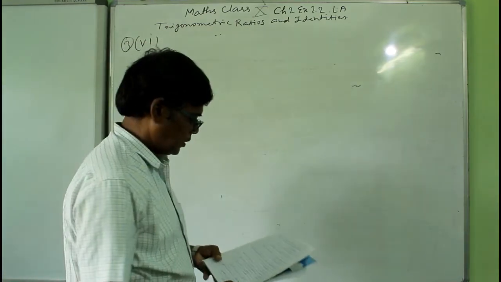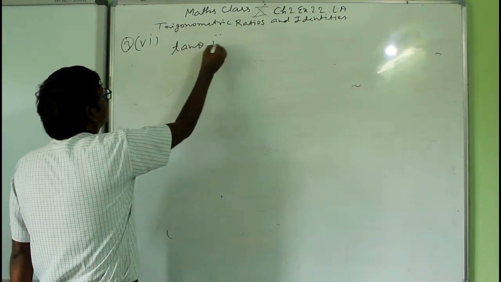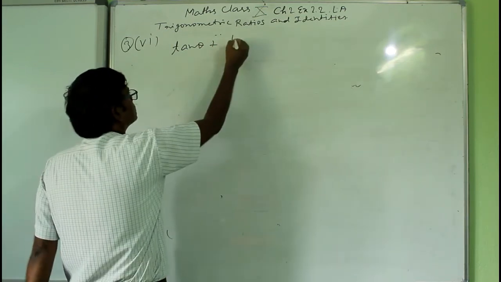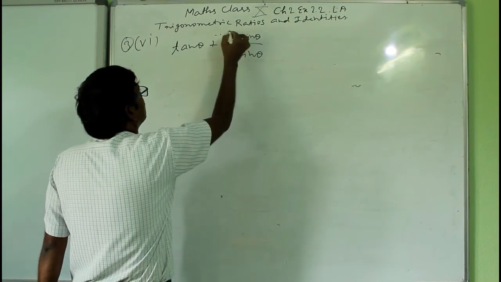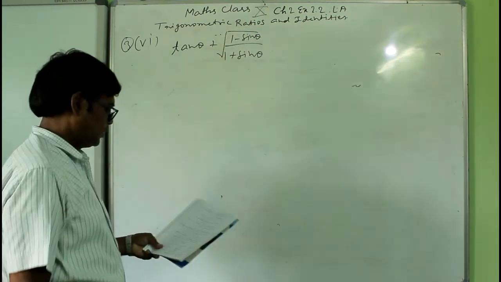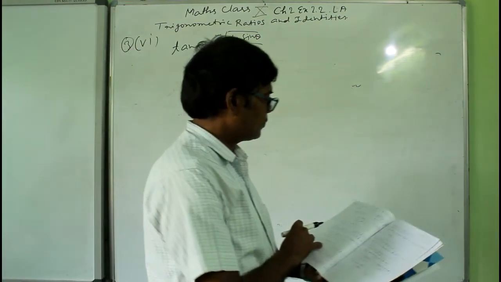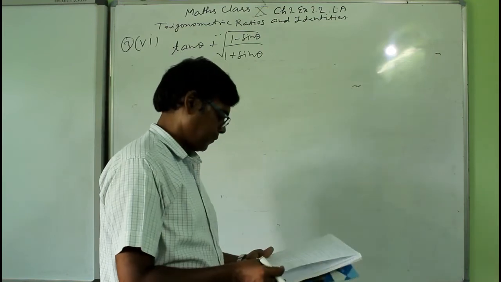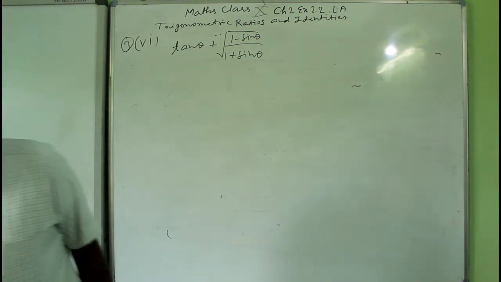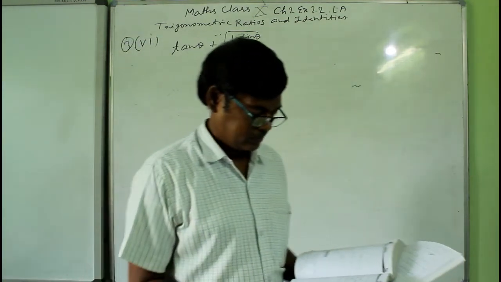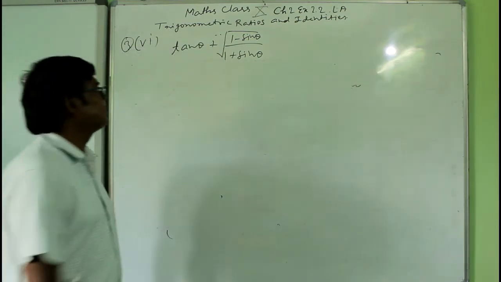In this you have tan theta plus 1 minus sin theta by 1 plus sin theta, under a root. And we have to prove what? Equal to sec theta. Okay, we have to prove it is equal to sec theta.